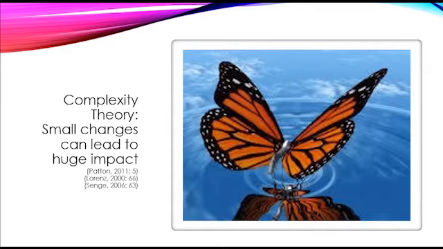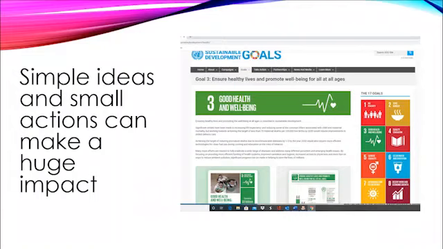For example, penicillin. Sir Alexander Fleming, he didn't set out to discover penicillin. He came back from a 2-week holiday and found that his Petri dishes were covered in a fungi, which he was not expecting. And he noticed that this fungal residue that was growing in his Petri dishes killed off the bacteria that was on those Petri dishes.